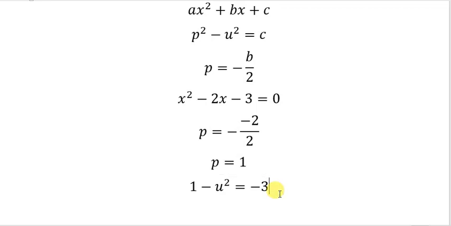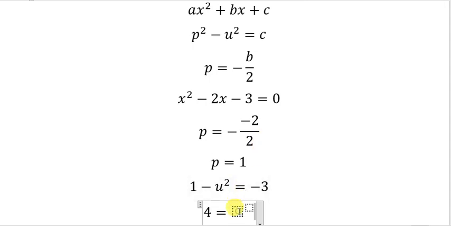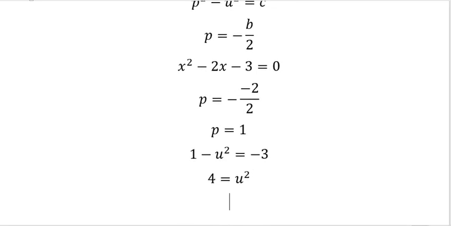The next thing we do is to make u the subject. Actually, we make u the subject, not u squared. But first of all, we evaluate to get the value of u squared, and then we continue to evaluate the value of u. You can clearly agree with me that at this point we will have to find the square root of 4.